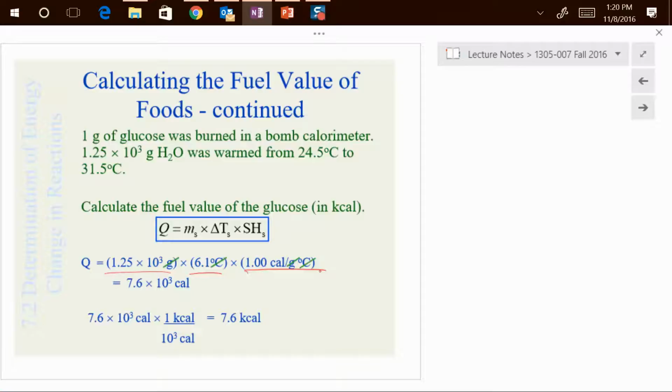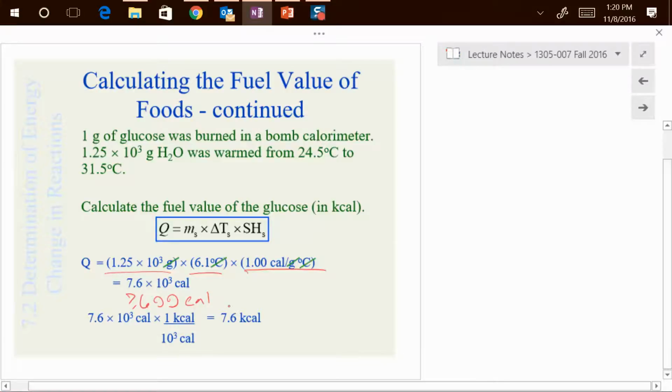So here I have 7,600 calories of energy. Okay? But they don't want to write that on the label, so they say 7.6 big C calories. They say 7.6 calories of energy instead of 7.6 kilocalories, which is what it would be.